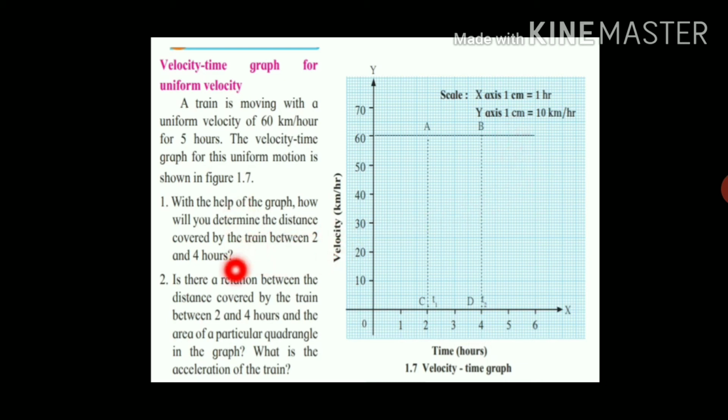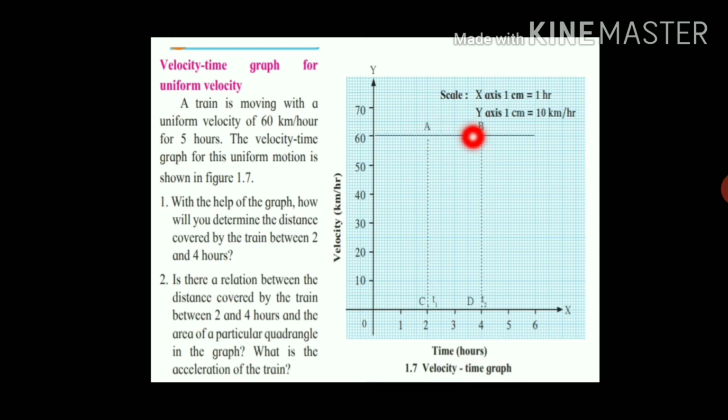Now answer these questions. With the help of the graph, how will you determine the distance covered by the train between 2 and 4 hours? This is the second hour, and up to the fourth hour we have to calculate the distance covered by the train.